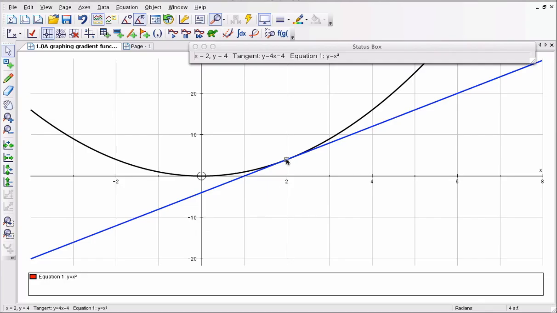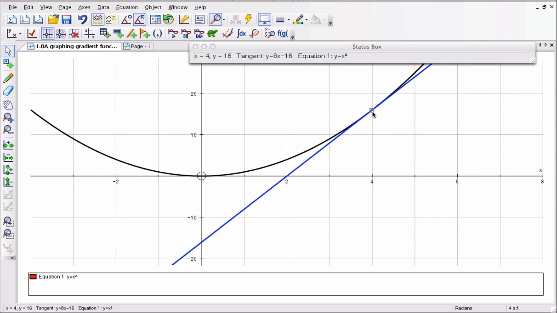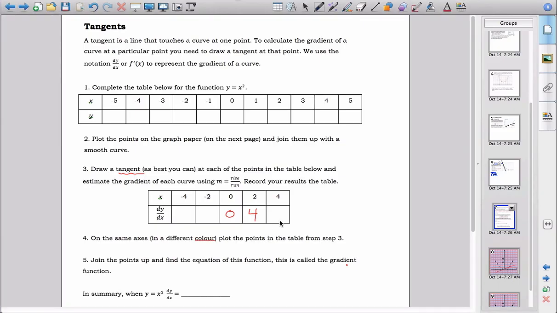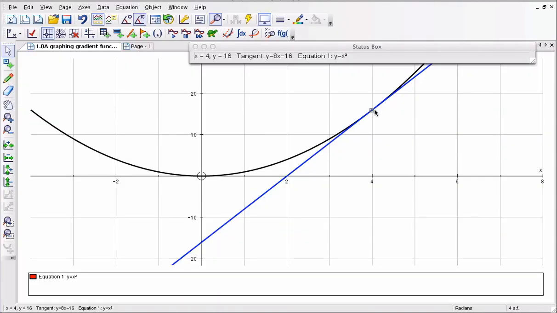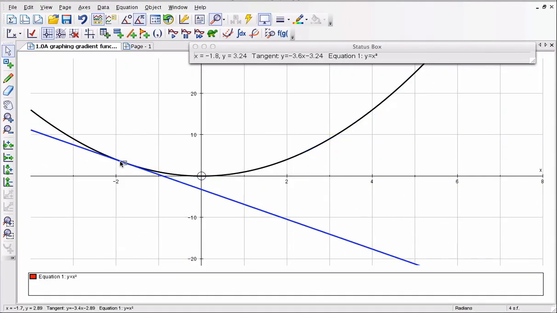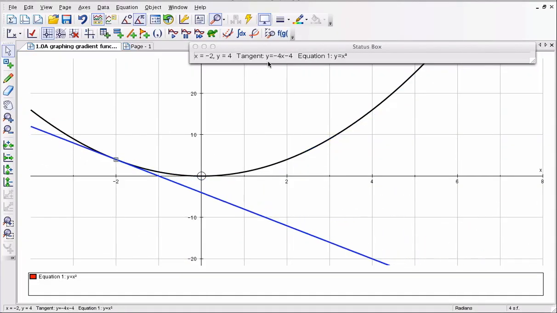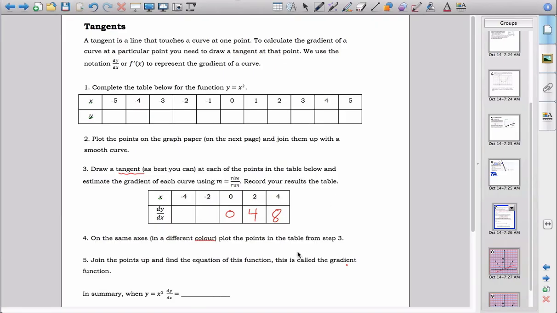If I move this tangent line over to x equals 4, the slope is 8. And then we can do the same thing for negative 2, where the slope is negative 4, and for negative 4, we get negative 8.